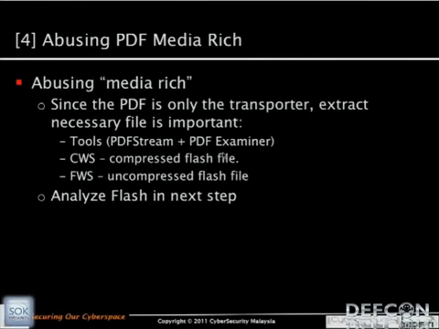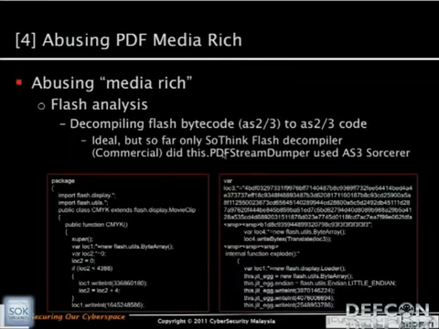And then of course you can do Flash analysis later on to trace what really happens when you open the PDF. As we know, the PDF has an engine for Flash, right? So for Flash analysis, it's very ideal for us to decompile the Flash bytecode, which normally goes back to AS2 or AS3 code.